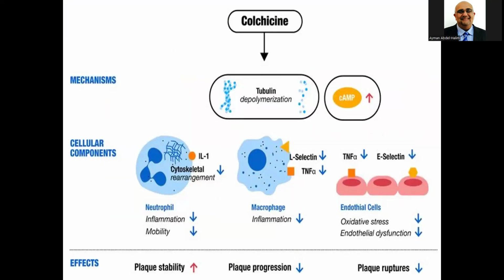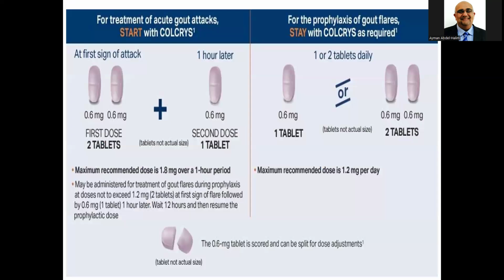Again, the mechanism of colchicine. And this is for colchicine for acute attacks and also as a prophylaxis for gout flares. So, as far as gout is concerned, it's used for prevention and treatment at the same time.